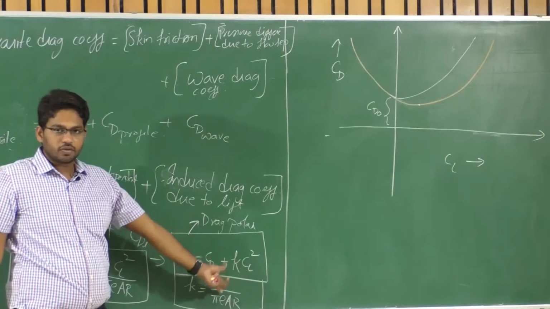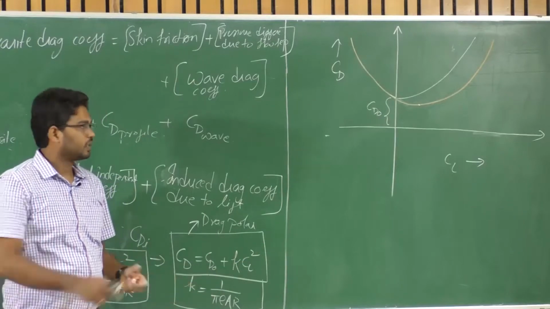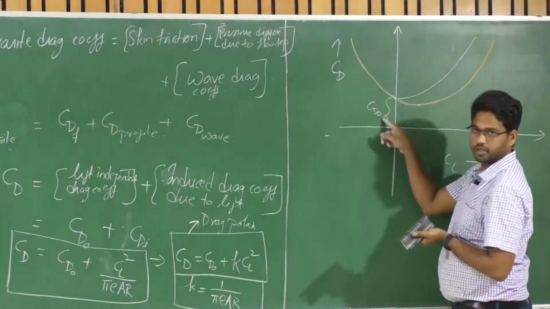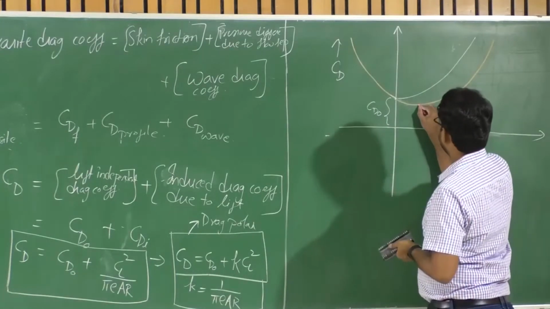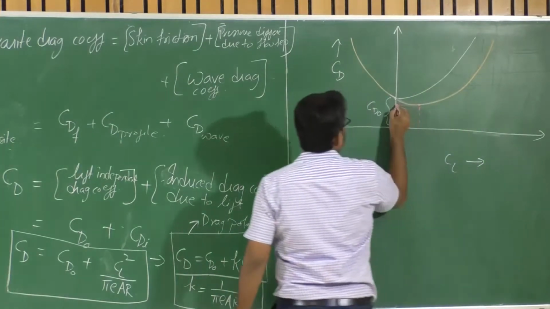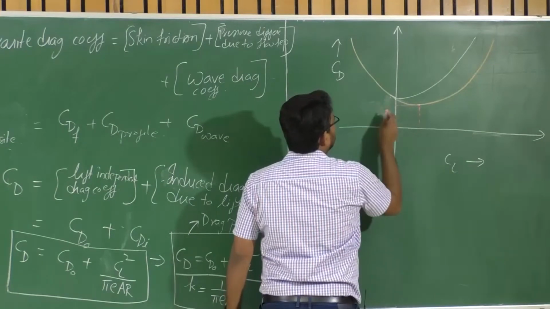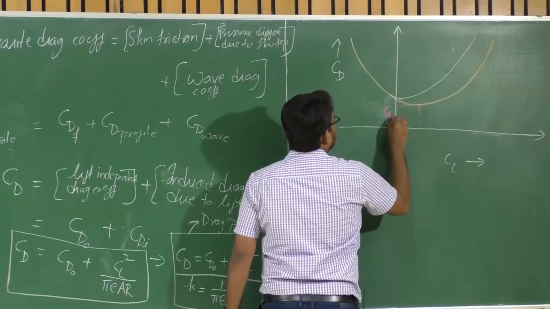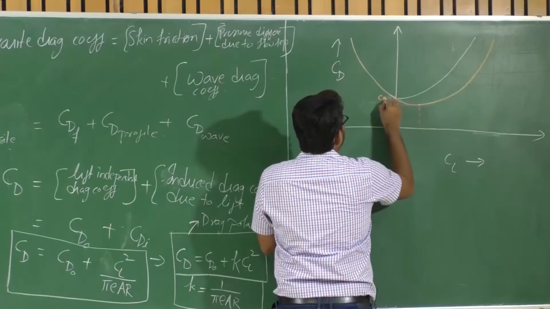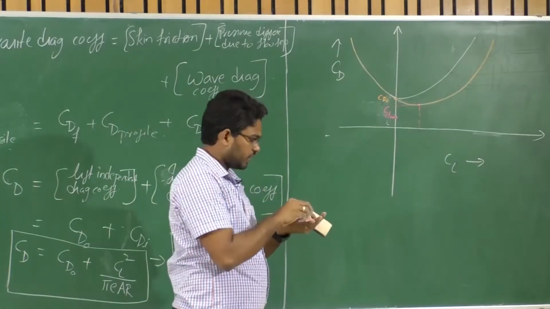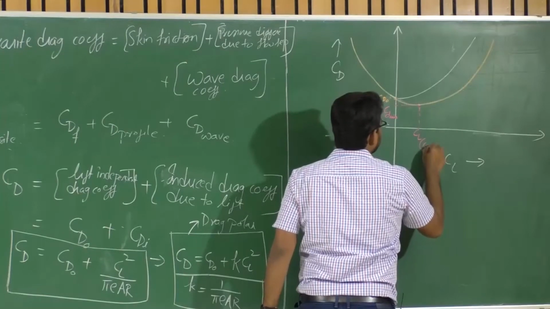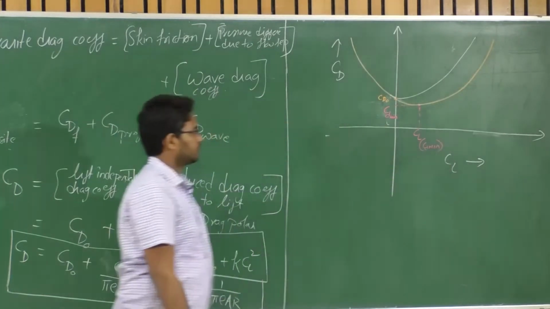Because even if CL is negative, the contribution will be positive here, right? So let us assume there is a case where there is a minimum point compared to that of CD naught. Let us say this is that particular minimum point, which corresponds to CD minimum, and the top point corresponds to CD naught, and the corresponding CL for CD minimum is CL for CD minimum, right?